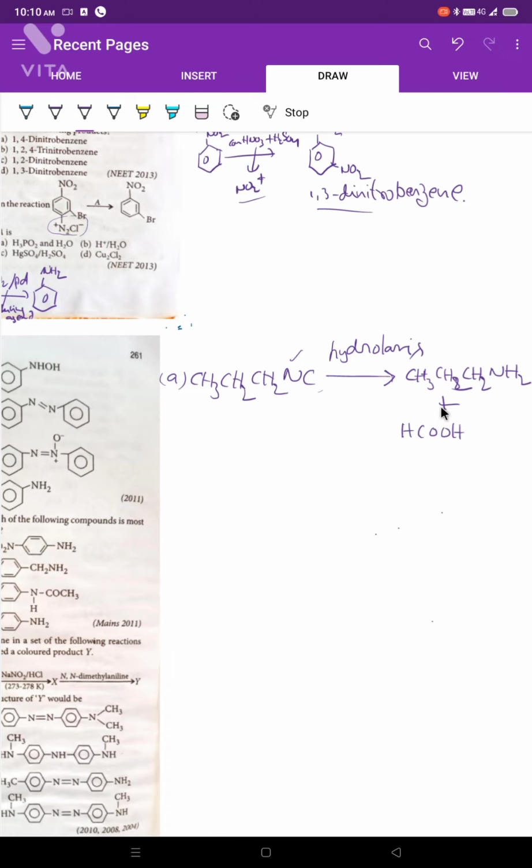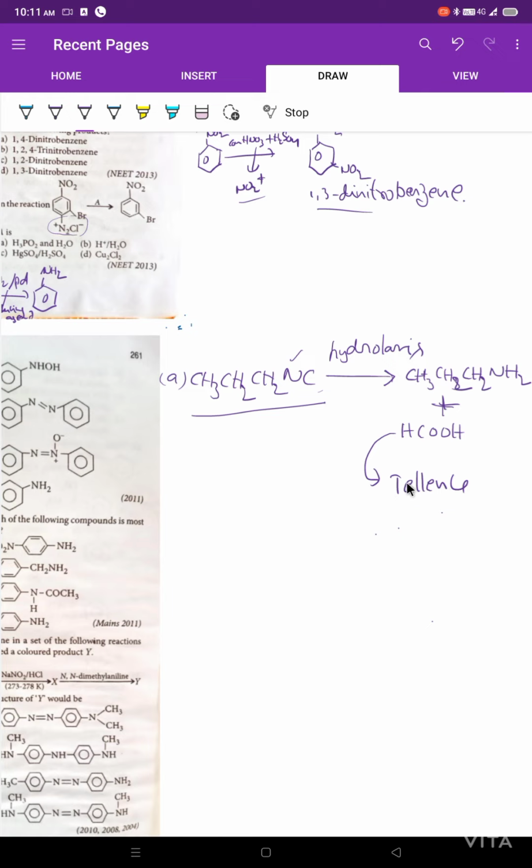Two compounds are formed on hydrolysis of this compound. The formic acid will react with Tollens and Fehling reagent.